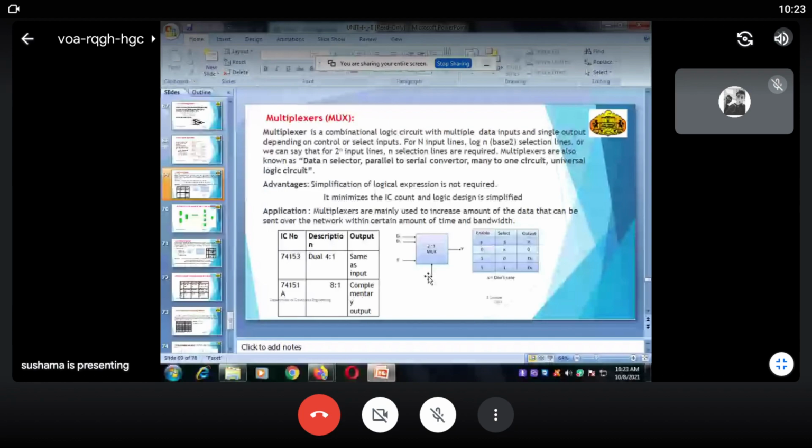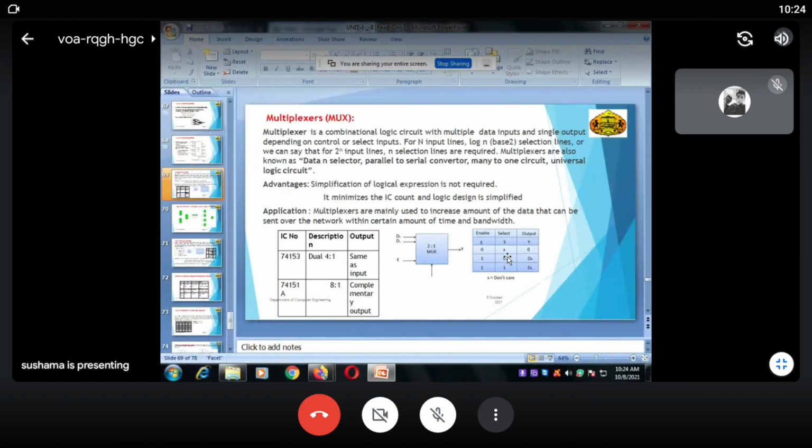This is E, the select line is indicated as S, and this is Y. Now, whenever the enable pin is 0, it doesn't matter what the select line is, the output will be 0 only. Whenever the enable pin is 1, only then is your mux going to work.